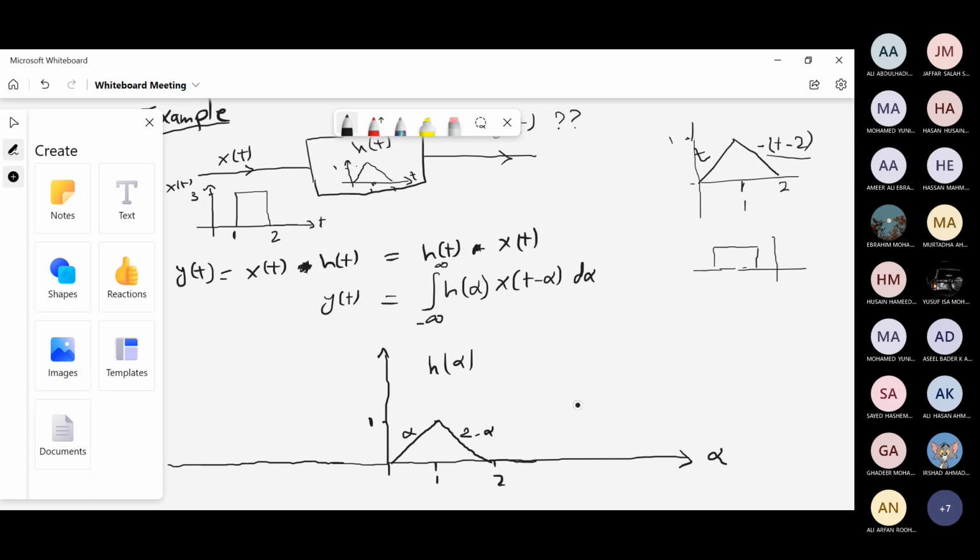So this one will be equal to -1, and this is -2. That is without shift. So we change it to alpha, and the height is equal to 3. Then we flip it, then we shift it by t, so then it becomes t minus 1, this one, and this is t minus 2.